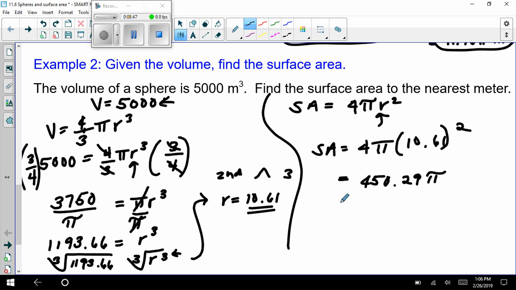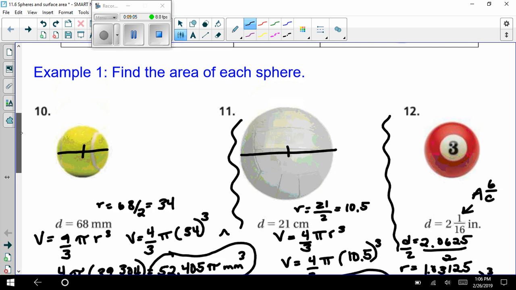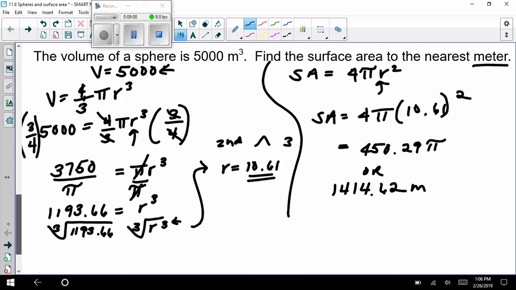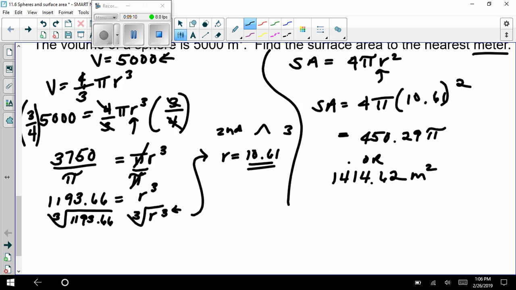If I multiply it by pi, you can do that and give me this answer, 1,414.62. Okay, I didn't look at the, there we go, there's our units, meters, okay? And what should this be in? Squared. Woo, good job.